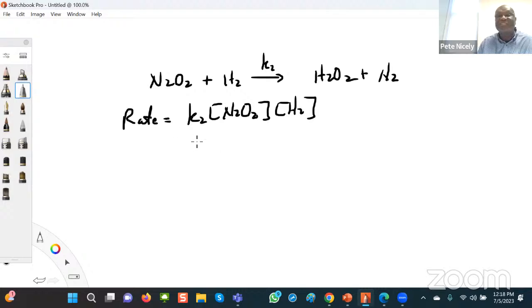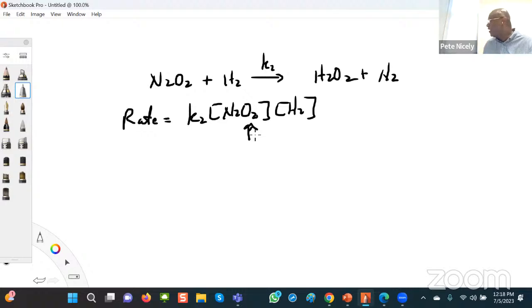Now you'll notice that in this particular equation, we have the intermediate appearing here. And in practice, we cannot determine directly the concentration of the intermediate, right? So that's why we try not to have it in the final equation for the rate law for the reaction.